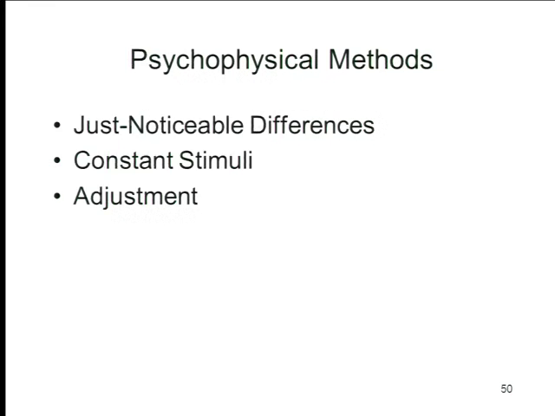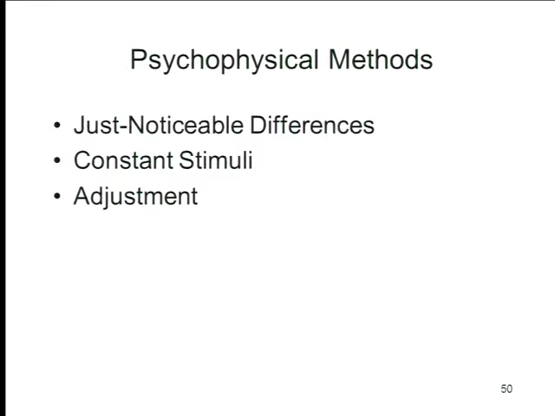Okay? That's one way in which we can establish the relationship between the physical intensity of a stimulus and whether the person experiences the stimulus at all. The method of constant stimuli: present two stimuli simultaneously and ask the subject if there's a difference between them. The method of adjustment: the experimenter doesn't do the manipulation, the subject does it himself.